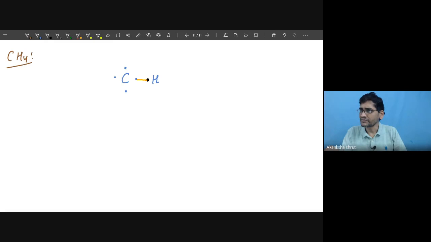To get the octet configuration, carbon needs 4 additional electrons, but one hydrogen can share only 1 electron. Therefore 4 such hydrogens are required to share their electrons. As a result, one carbon has to combine with 4 hydrogen to form a stable octet configuration.